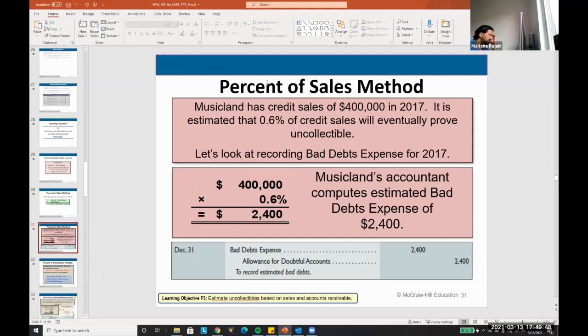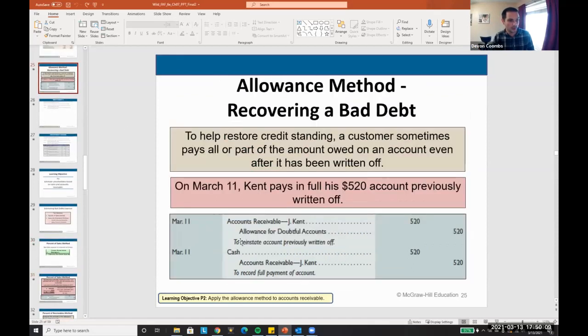So I have a question. If we establish a bad debt expense and suppose that everybody pays us throughout the year, do we true it up at the end of the year or every quarter, or when do we true it up that we got all the money? Yeah, so you're consistently doing these journal entries that I just showed, where you're revising the allowance for doubtful accounts when we receive money, and then at the end of every period, we redo the estimate, and so we'll true it up at that point.